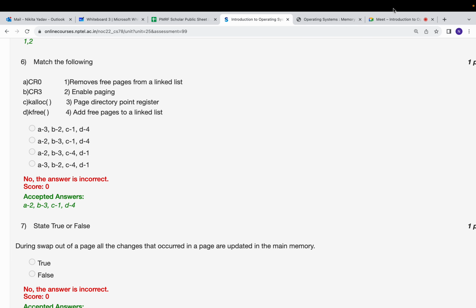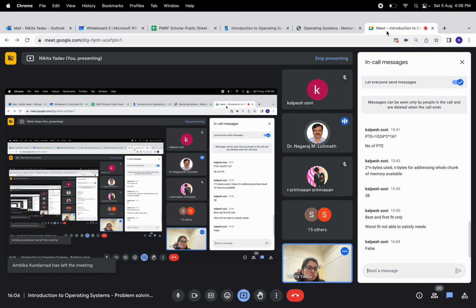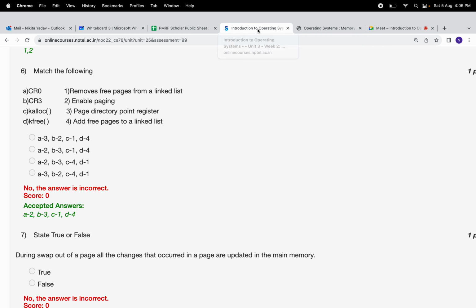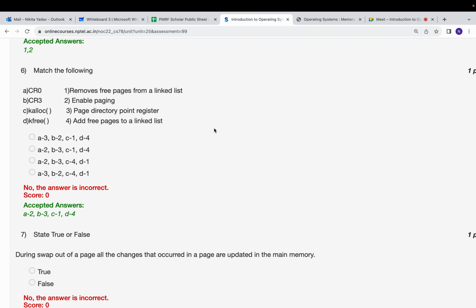Okay, why is it true? Because the page which is not being utilized in the main memory, obviously it will be updated in the main memory, because it has to indicate that there is a free space in the main memory.